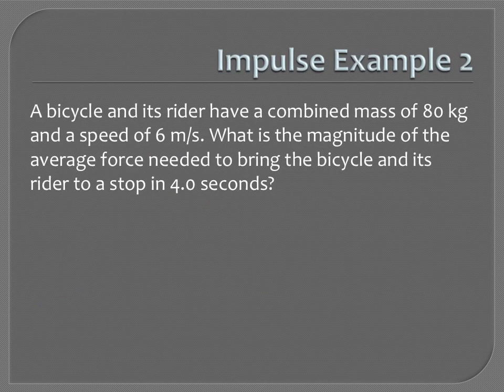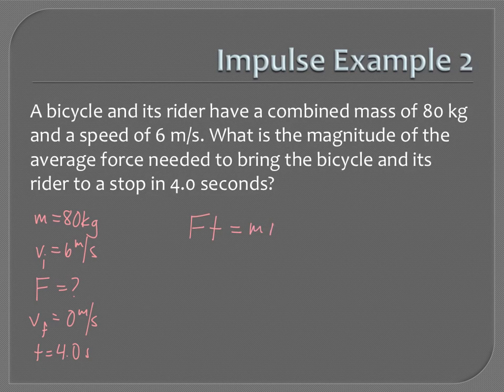Now here we've got a bicycle and its rider with combined mass 80 kilograms and a speed of 6 meters per second. We want the magnitude of the average force needed to bring the bicycle and its rider to a stop. So our 6 meters per second is our initial velocity, our final velocity is 0, and our time interval here is 4 seconds. Using our four-way relation, we're going to use F times T is equal to M delta V. We only need the magnitude, so we can forget the sign.